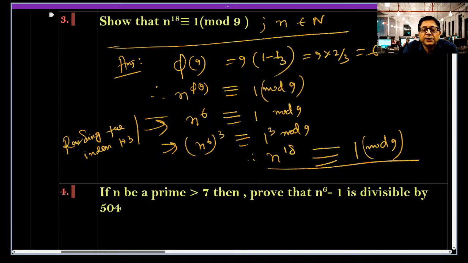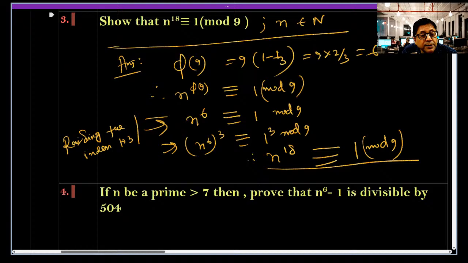Do this one. This is a very good problem. I have seen it in previous Olympiad papers. May not be this one exactly, but this kind. Prove that n to the power 6 minus 1 is divisible by 504.